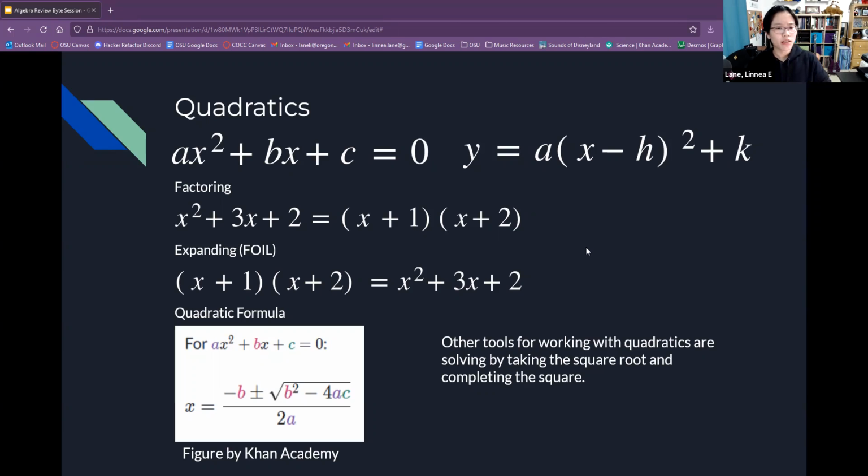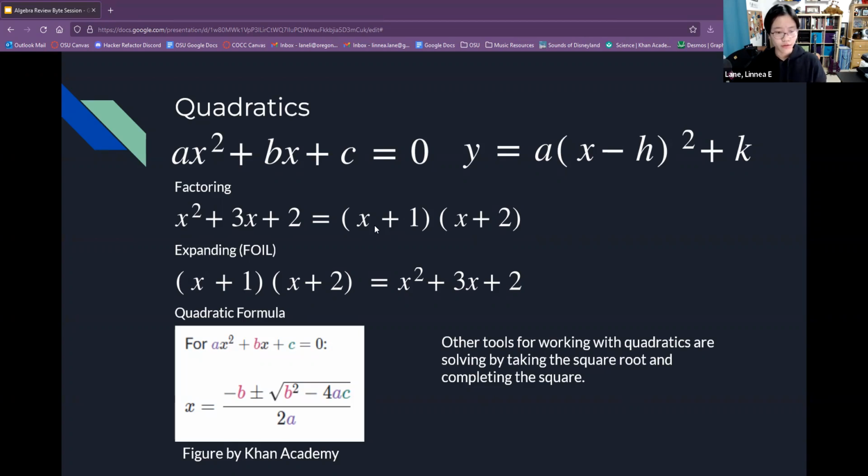Some common things that you will do with quadratics are you might have to factor them, which is breaking them up into littler pieces. In this case, we're taking this expanded form and making it into the factored form where you have one factor, two factor, and then to solve for x, you could set each of these factors to 0 and solve for x, and you would get your two intercepts.